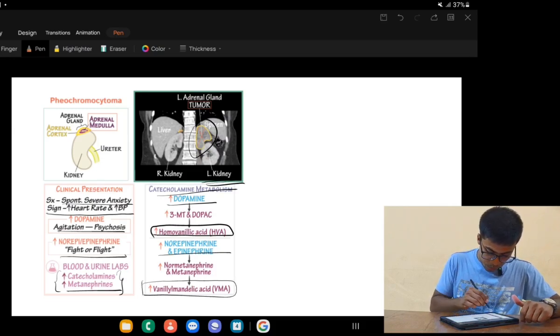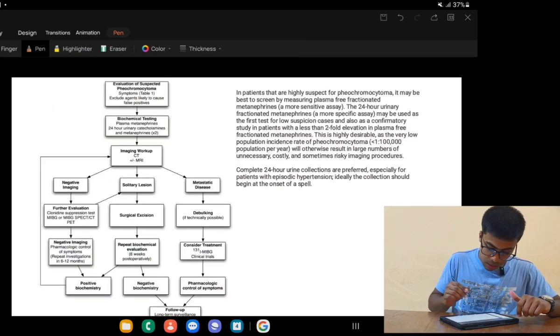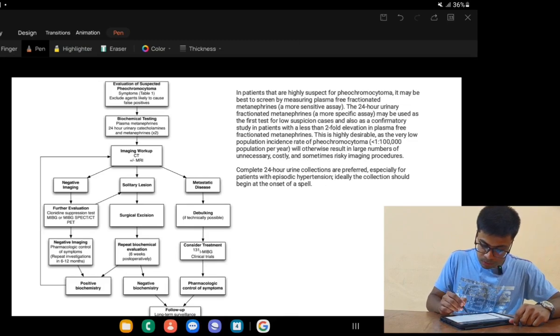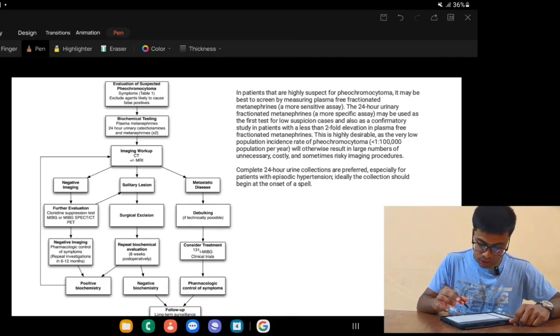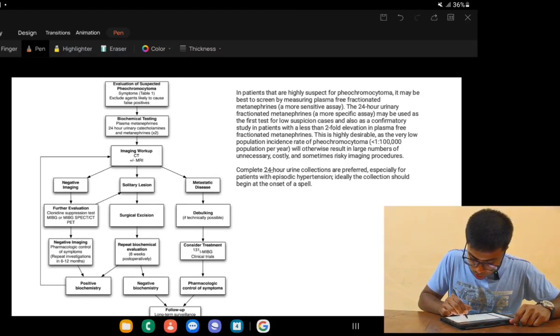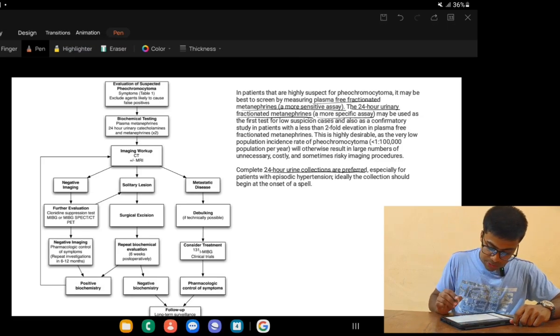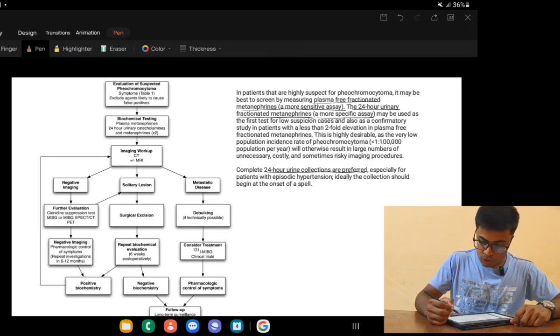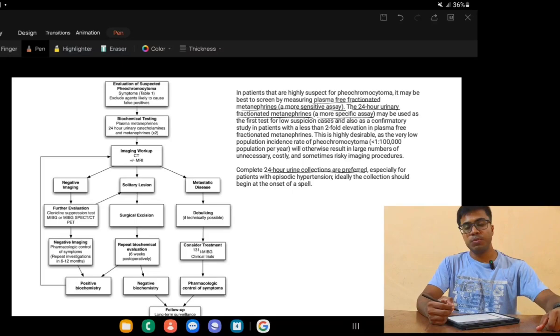According to this algorithm, we should test it like this. 24-hour urine collection is preferred, of course, but 24-hour fractionated metanephrines are the most specific assay, and plasma-free metanephrines are the most sensitive. So plasma-free fractionated metanephrines or 24-hour urinary fractionated metanephrines must be the answer.